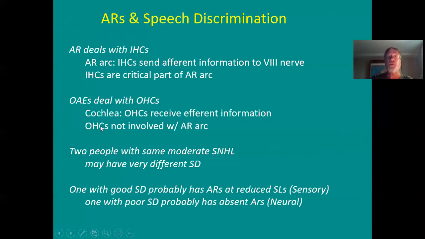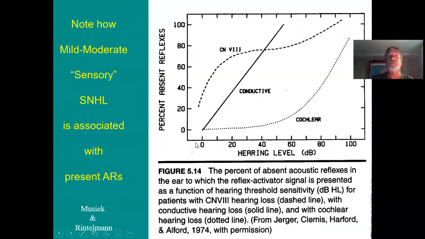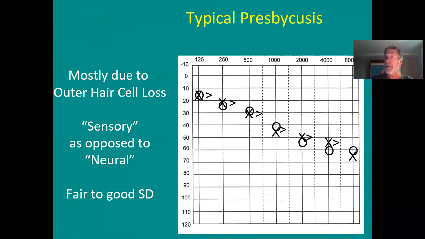So the outer hair cells are not involved with the acoustic reflex arc. And look what it says in italics here. You may have two people with the same moderate sensory neural loss, much as is being shown here. Okay? Maybe two people have this kind of hearing loss.